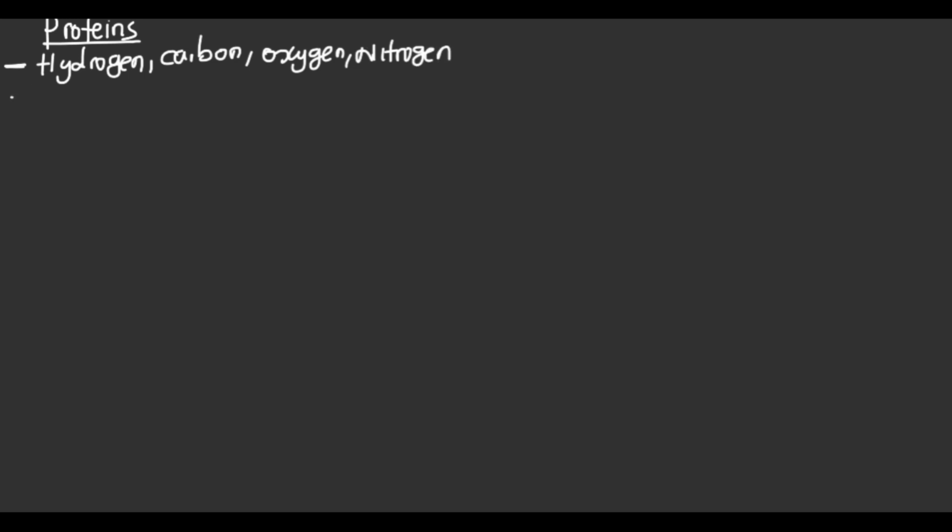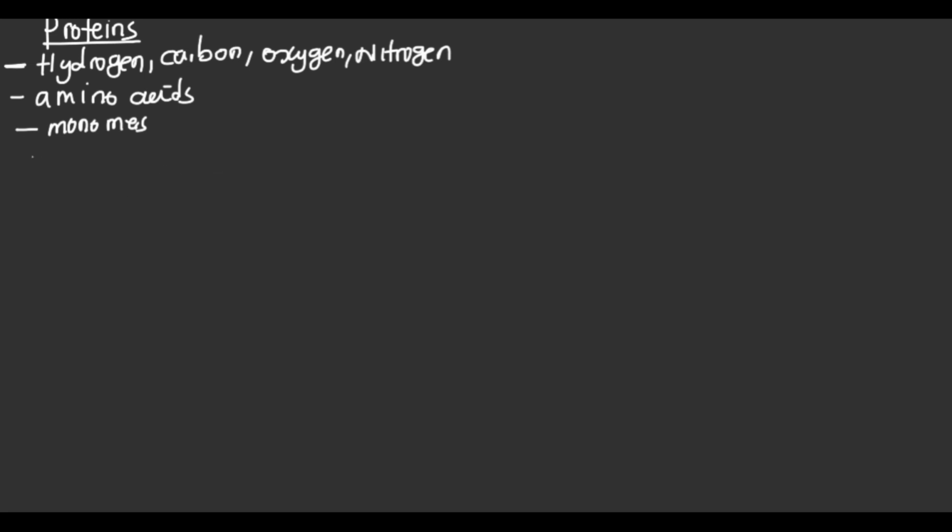Then the building blocks for proteins are the amino acids. These amino acids are our monomers. So whenever we have questions like determine the monomer that is used during the formation of proteins, we have the amino acid.